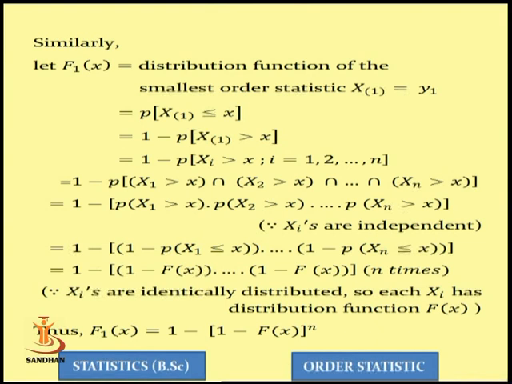As we derived in the case of the maximum order statistic, similarly we have in the case of the minimum order statistic. Now each probability of Xi greater than x, again converting it to the less than form, we have 1 minus F(x) for each of the n events, and so the distribution function of the minimum order statistic is going to be 1 minus F(x), the whole power n.